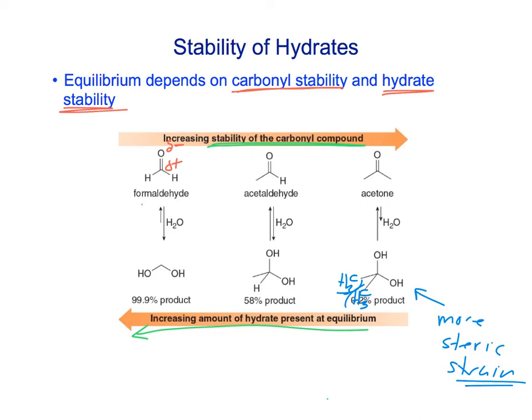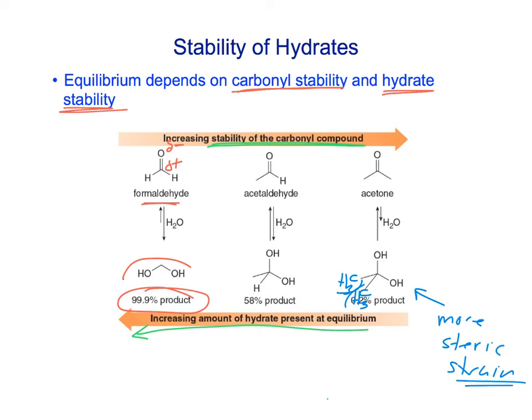If we have formaldehyde up here and we put it in water, we essentially get almost completely the hydrate. Okay, this is what an aqueous solution of formaldehyde is, what they call formalin. It's a stabilizing, preserving solution.